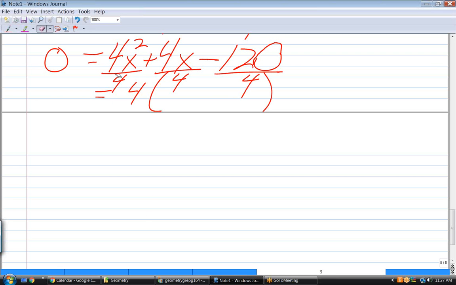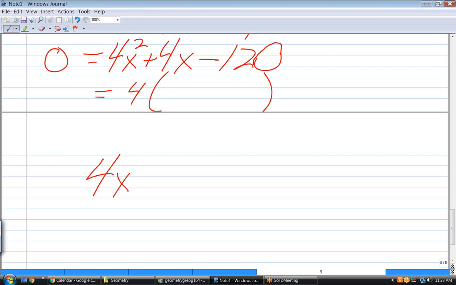Okay, so it would be 4 times, just 1 over 4. If I write 1 over 4, does that give me 4x squared? No. Okay, so I've got to write something in there that when I multiply it together again, it's 4x squared. What would that be?